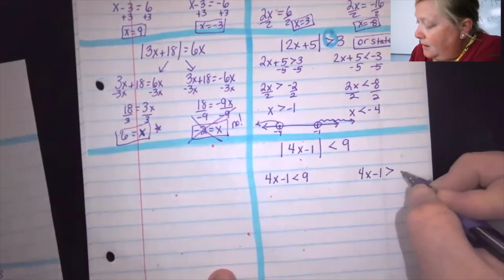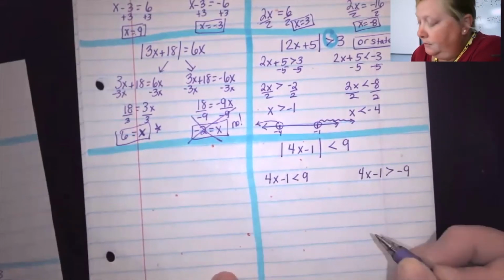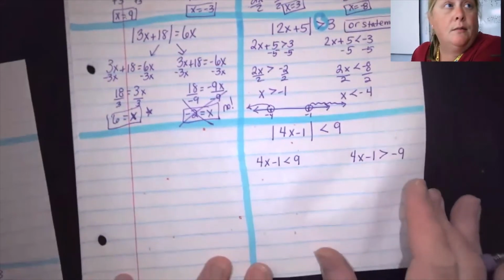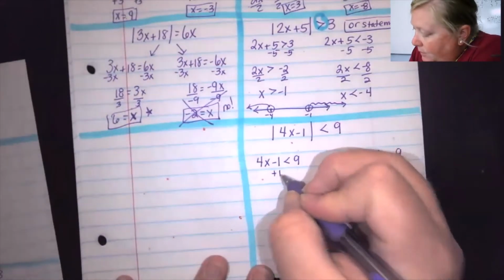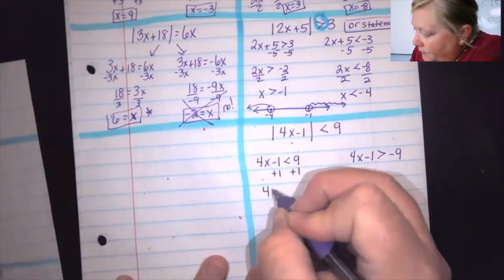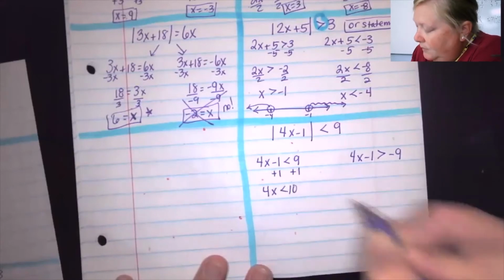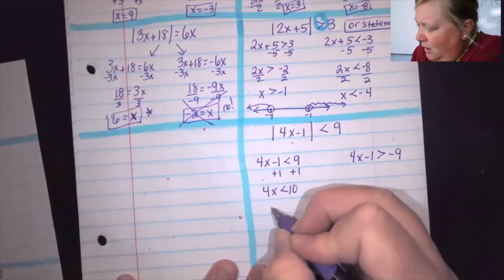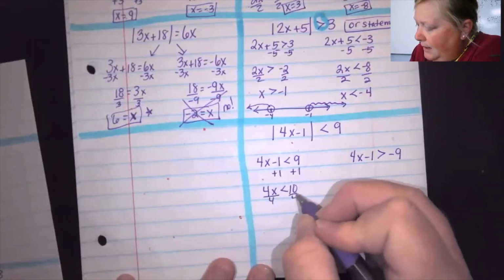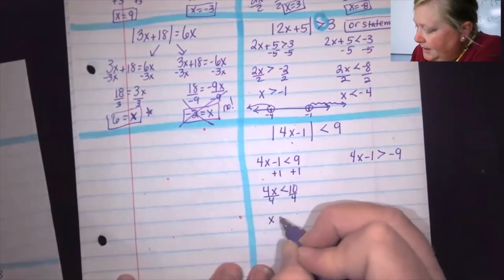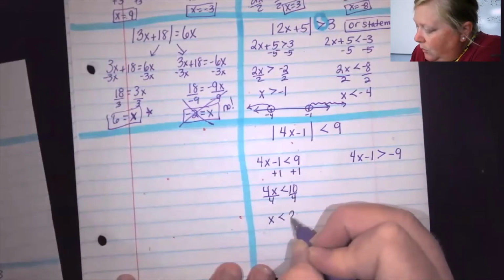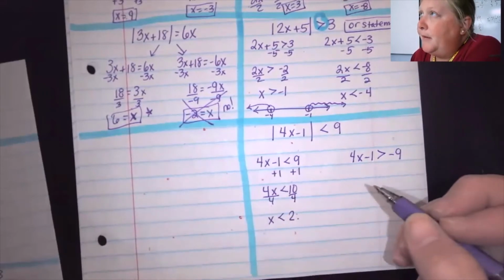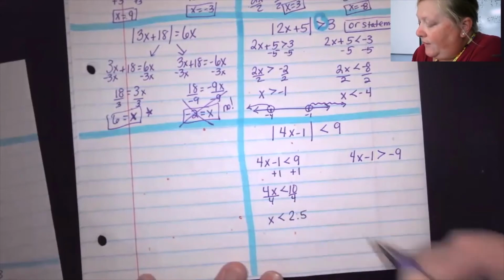It's greater than a -9. Okay, let's get solving. Plus 1, plus 1. That looks like it's going to be a decimal. Oh, wow. Not a big deal. Let's see, 4 goes into 10 twice with 2 left over, so 2.5.